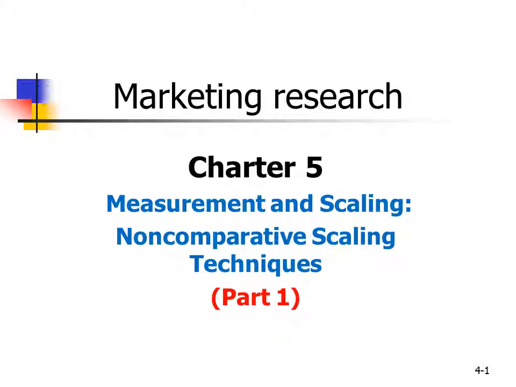You should be able to discuss the decisions involved in constructing itemized rating scales with respect to the number of scale categories, balanced versus unbalanced scales, odd or even number of categories, forced versus unforced choice, degree of verbal description, and the physical form of scale.